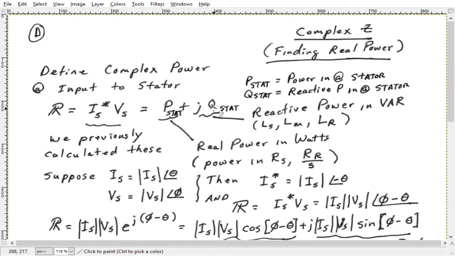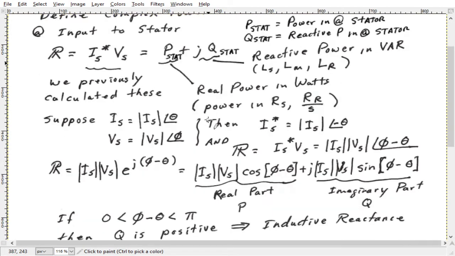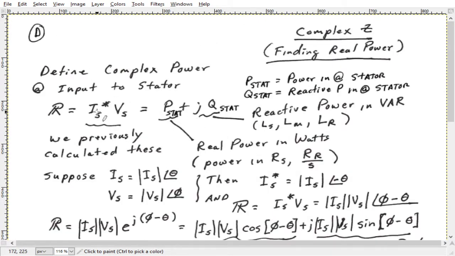Now there's a couple of ways you can do the power. One way is to look at complex power, and that's what I'm talking about here. We know what the stator current is, we know what the applied stator voltage is.